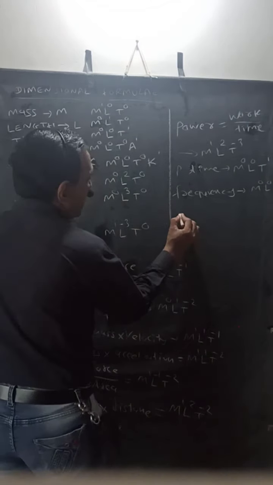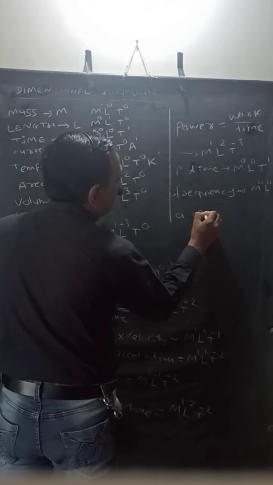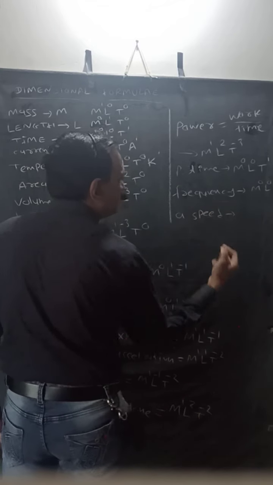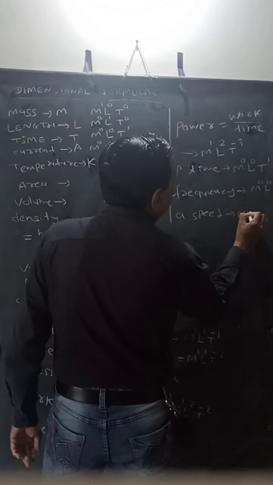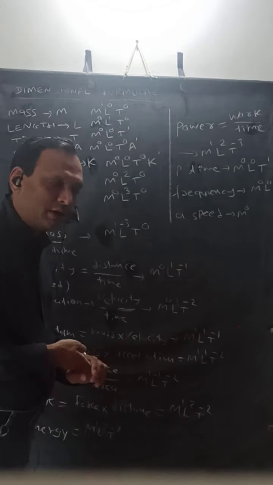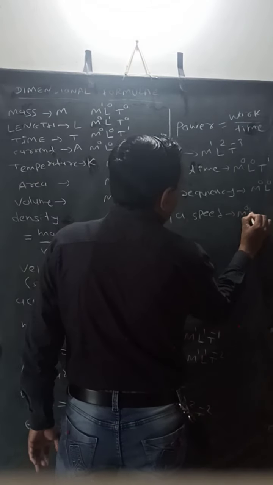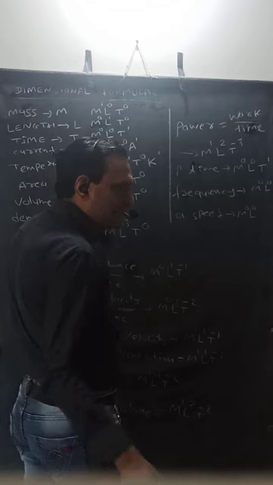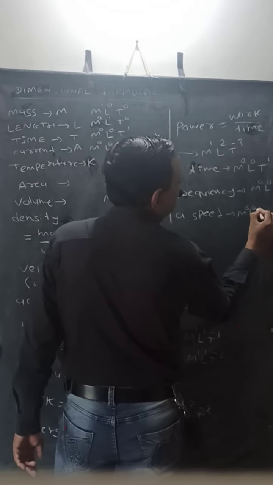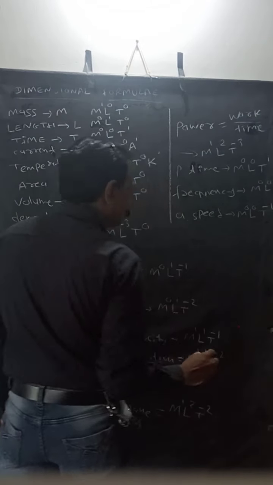Now the angular speed. Angular speed is same as frequency. Unit is radian per second. So radian, there is no mass, length, time, only time is in the denominator, so T minus 1.